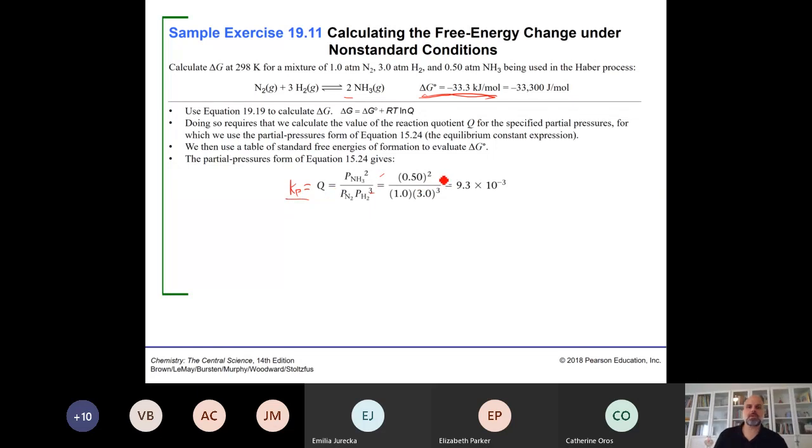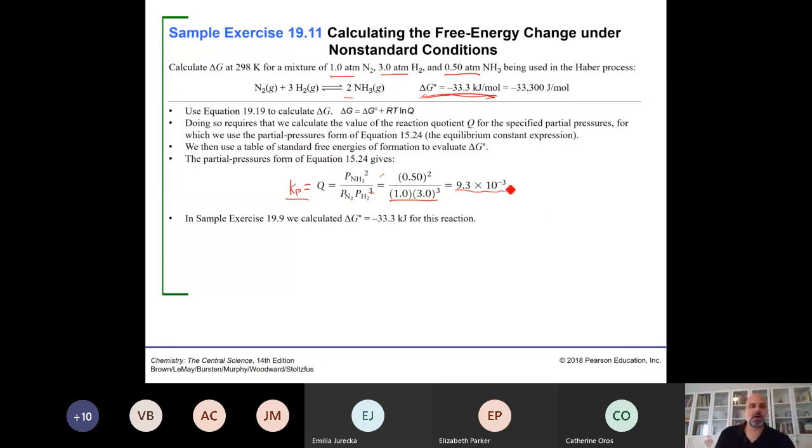So we can see here that if we just simply plug in the values we're given, the 0.5 atmospheres for the product, 1 atmosphere and 3 atmospheres for the reactants, into the equation down below, we end up with our reaction quotient of 9.3 times 10 to the minus 3.